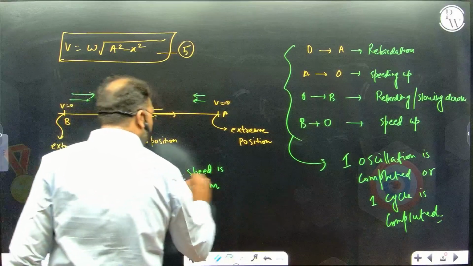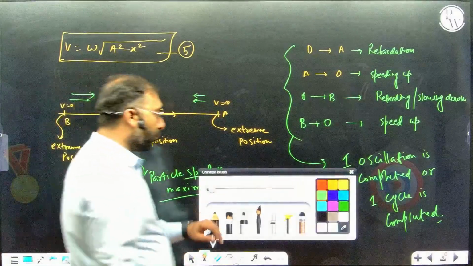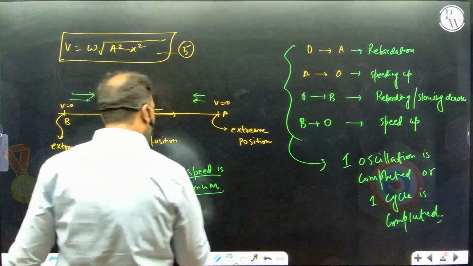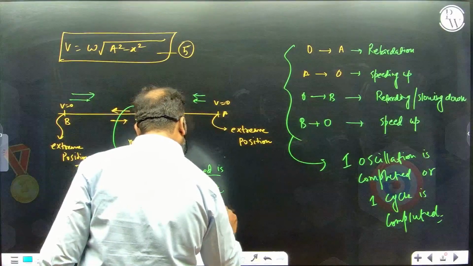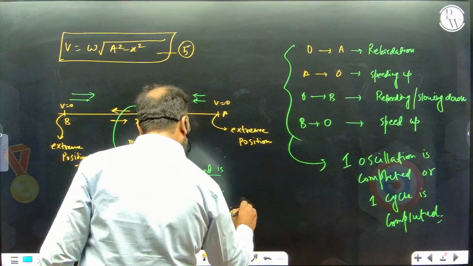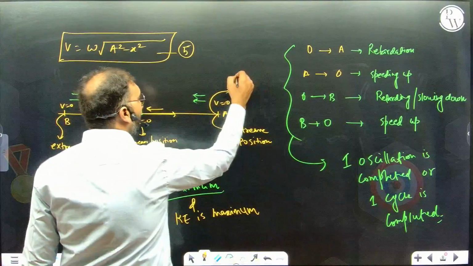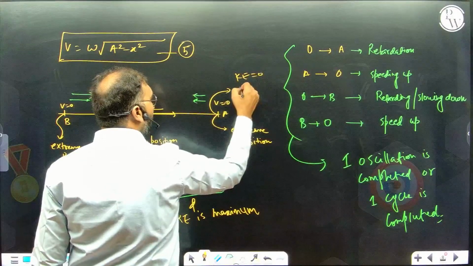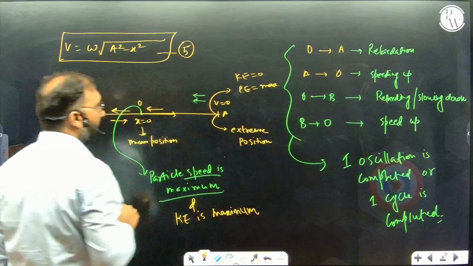And where the particle speed is maximum, it means that the kinetic energy is also maximum at this point. And at the extreme position, kinetic energy equals 0 and potential energy will be maximum.